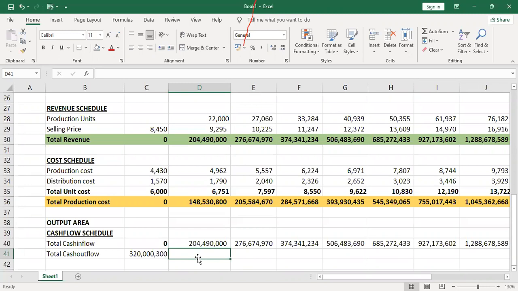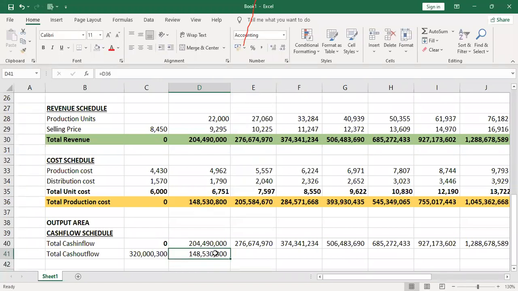From year 1 up to year 12, your total production costs constitute the total cash outflow. So press the cursor here, press equals, and click on the total production cost, then press enter.